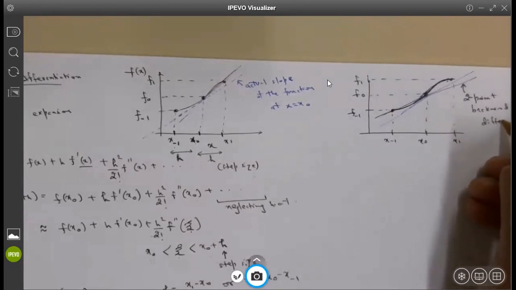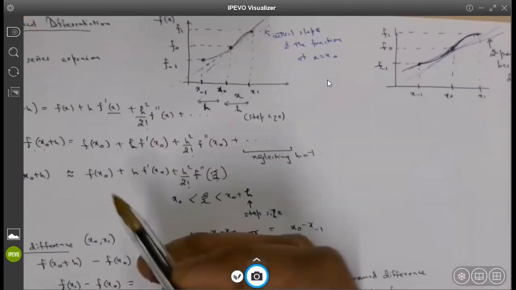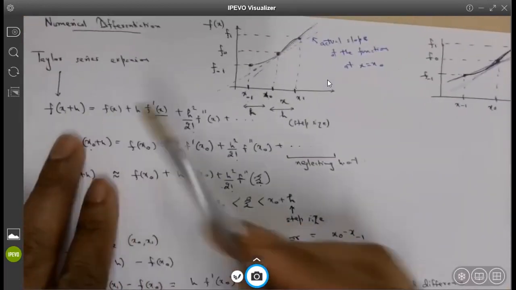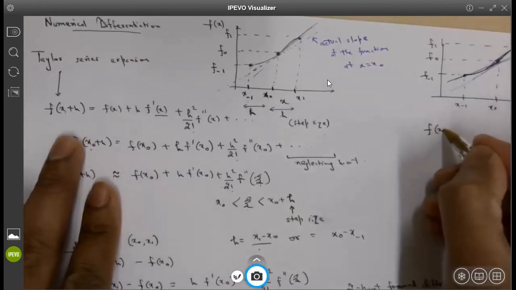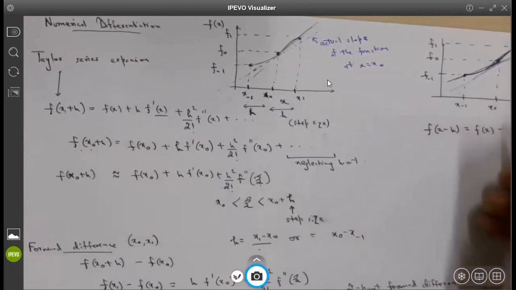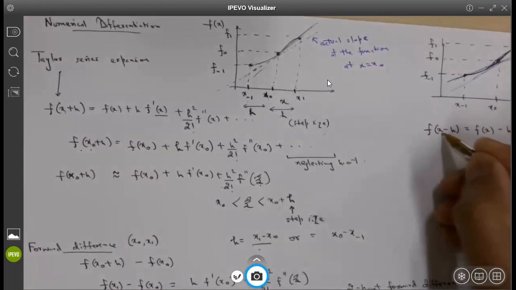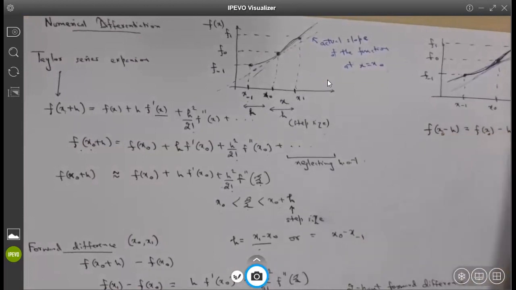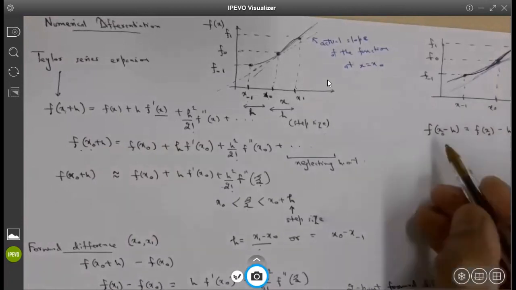What this basically means is that instead of using the Taylor series expansion of f of x plus h, I am going to use the Taylor series expansion of f of x minus h, which is f of x minus h times f prime x. Here x is x naught, so h times f prime x naught, plus h square by 2 factorial f double prime zeta, because I neglected all the higher order terms.